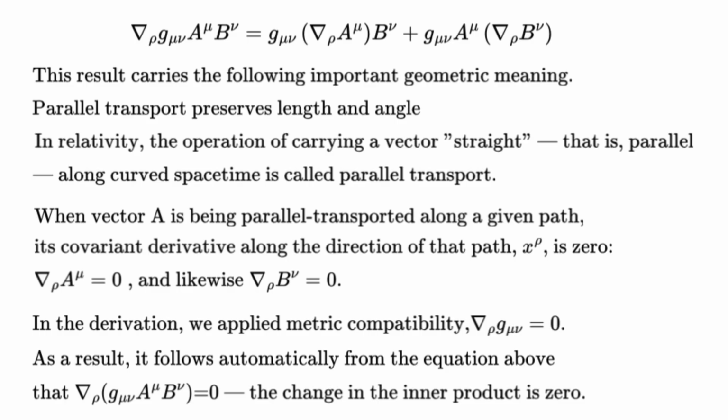Nabla rho a mu equals 0, and likewise nabla rho b nu equals 0. In the derivation, we applied metric compatibility, nabla rho g mu nu equals 0. As a result, it follows automatically from the equation above that nabla rho of g mu nu a mu b nu equals 0. The change in the inner product is 0.